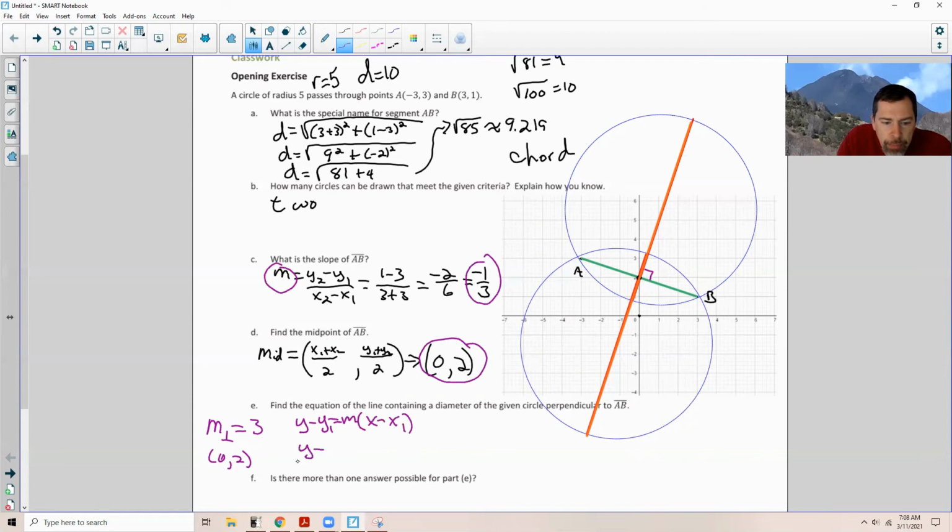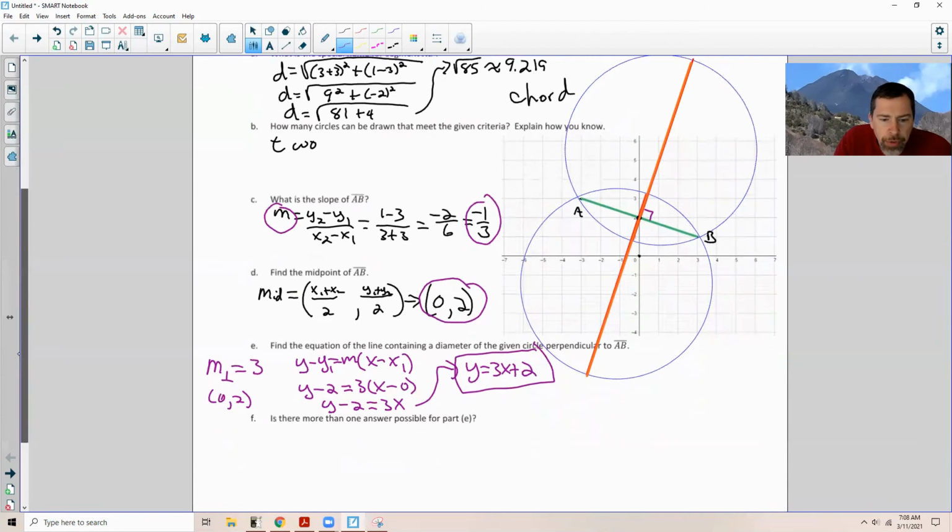So it's going to be y minus 2 equals 3 times (x minus 0). x minus 0 is just x, and 3 times x is 3x. So when I add 2 to the other side, I get y equals 3x plus 2. So this is a slope of 3 over 1, and it's crossing at the y-intercept of 2. So the equation of the line perpendicular to AB that is on the diameter is y equals 3x plus 2.